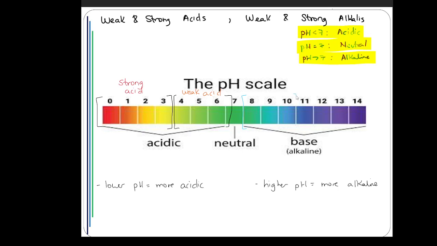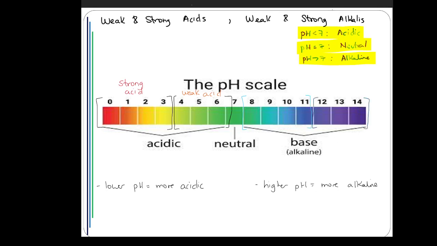And I'm just going to take out these values here. And in looking at a pH of greater than 7, I'm going to break it apart into two. And between these two regions, which do you think would apply to a weak alkali versus a strong alkali?